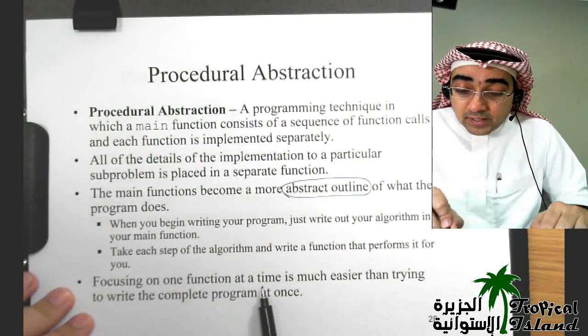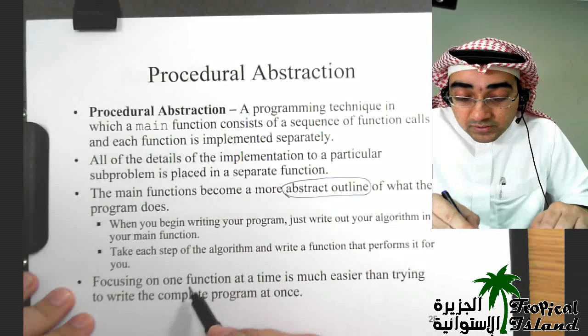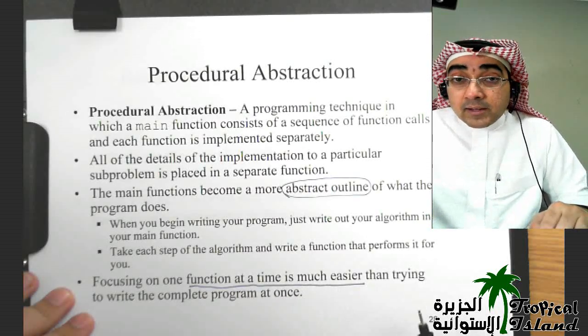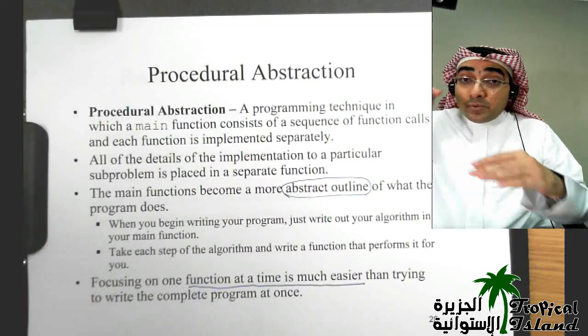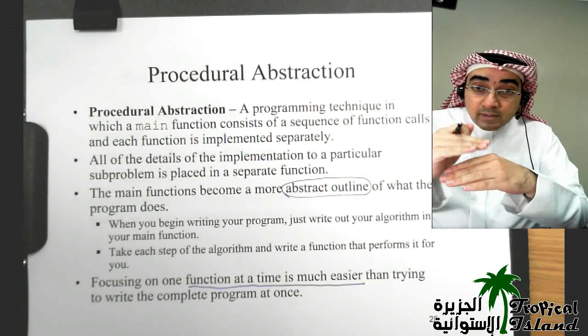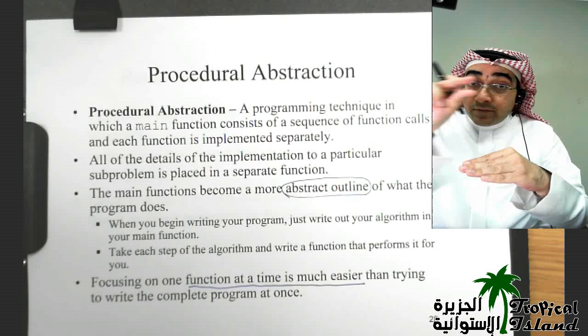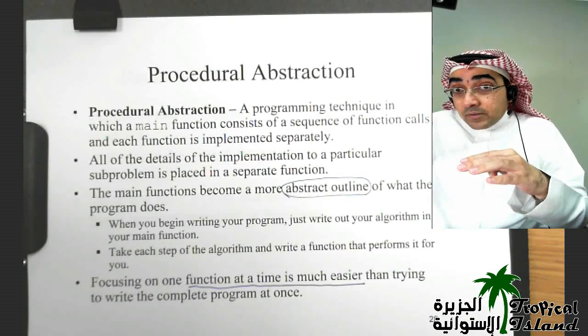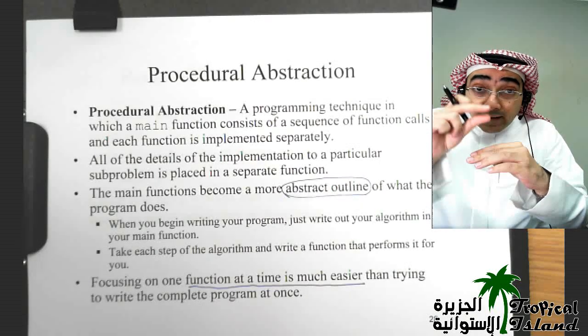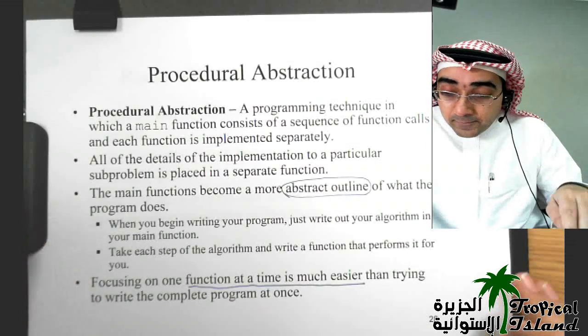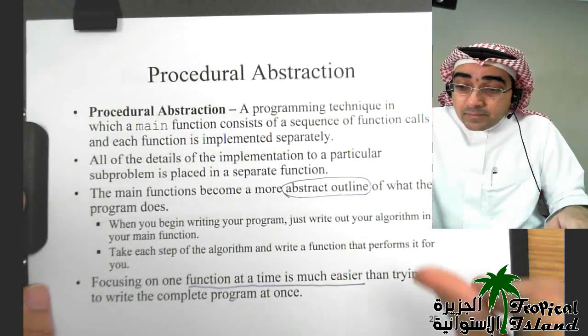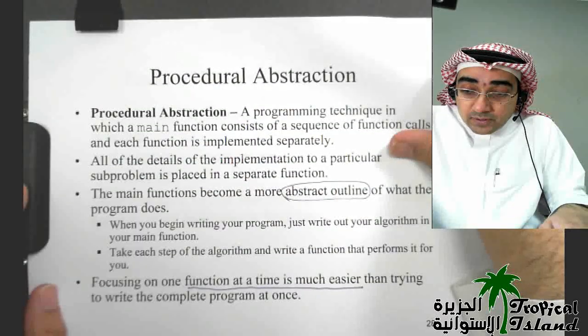Focusing on one function at a time is much easier. It's easier to focus on one task at a time instead of the entire problem. When you have a large algorithm, you can call a function that does a specific task, like a factorial, and go concentrate on making the factorial. When you finish, come back and do the other part of the program. So this is basically why we have procedural abstraction.